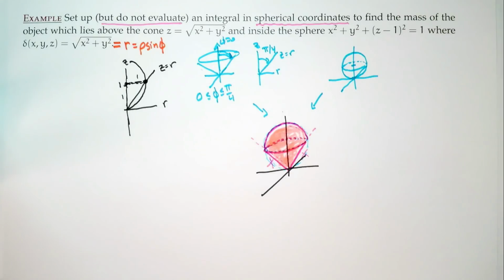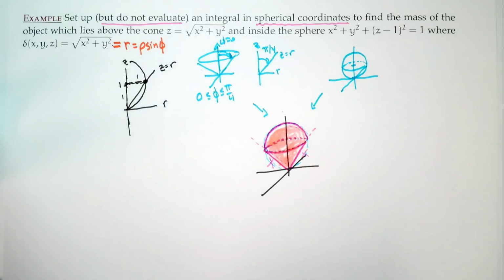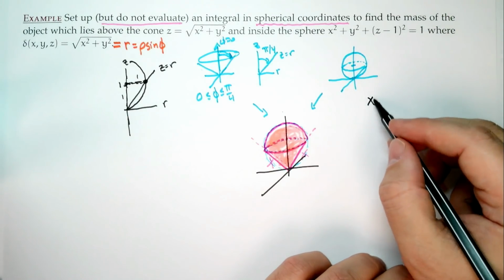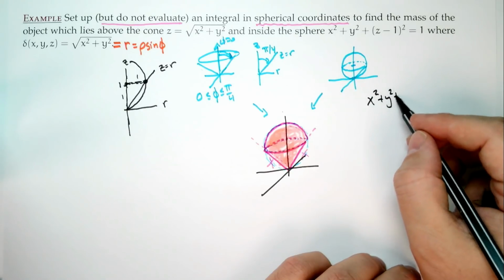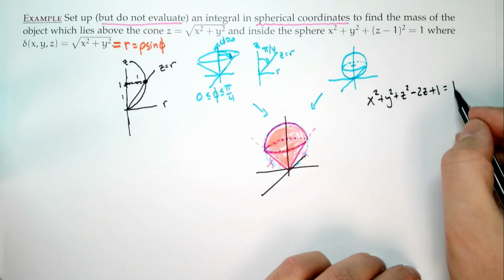Now, we wanted to get an idea of what it looked like. So how do we translate this into our spherical coordinates? Well, let's start by rewriting this. This can be written as x squared plus y squared plus z squared minus 2z plus 1 equals 1.